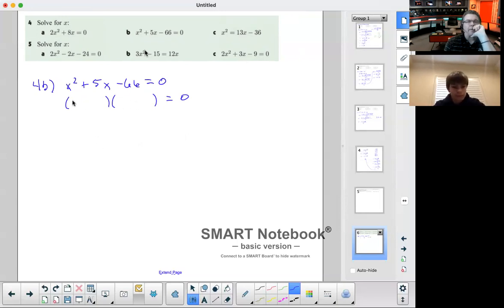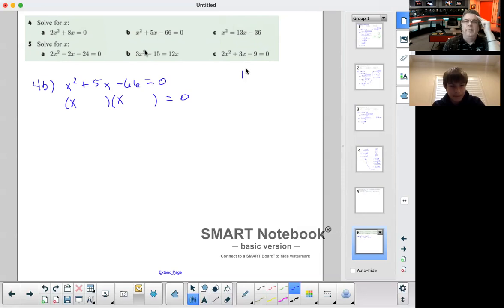So if this is x, then this has to be x and this has to be x, right? Because x times x first gives you the x squared. Now, to get the last term, they have to multiply to be negative 66, don't they? Okay, so that's why we have to find factors of 66.